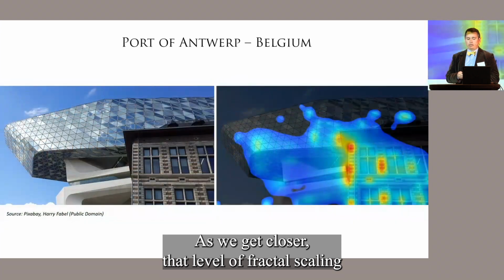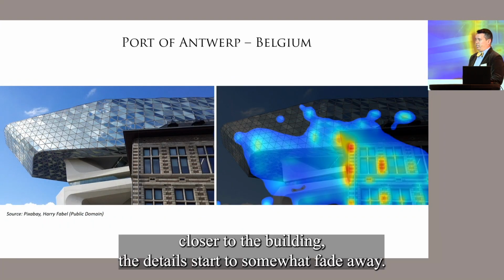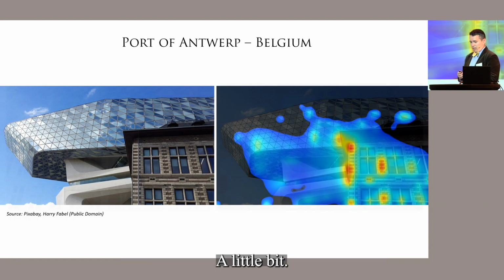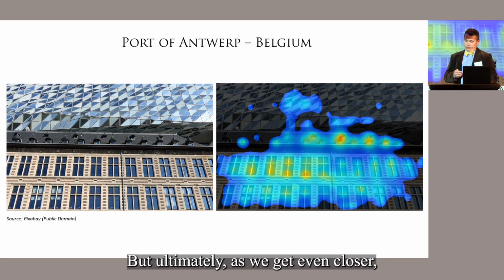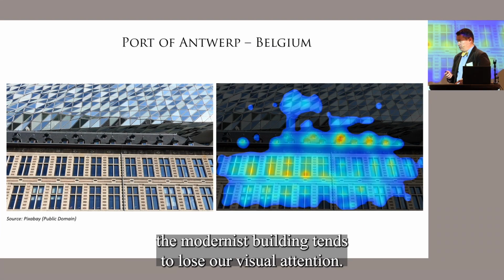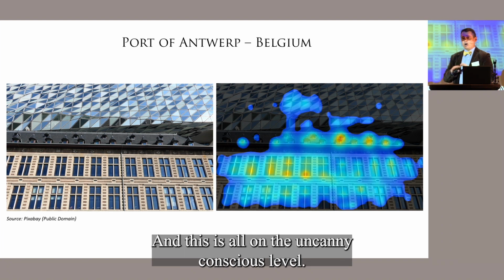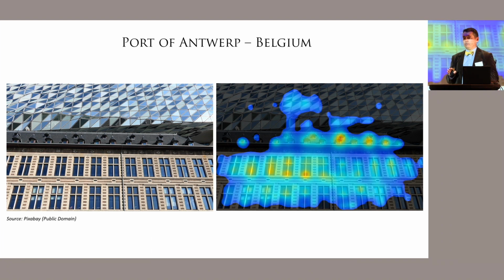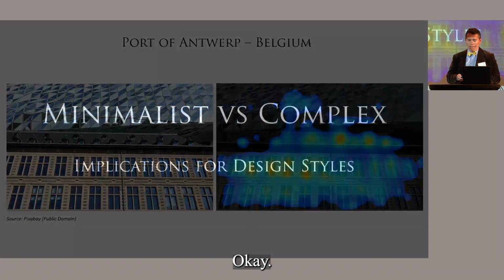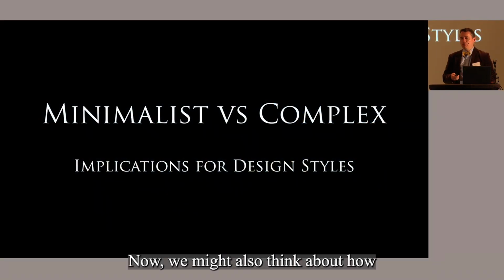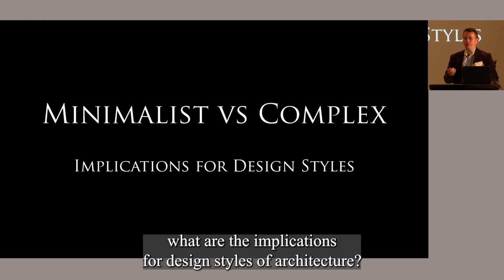As we get closer, that level of fractal scaling, closer to the building, the details start to somewhat fade away a little bit. But ultimately, as we get even closer, the modernist building tends to lose our visual attention. And this is all on the unconscious level, okay? Now, we might also think about what the implications are for design styles of architecture.